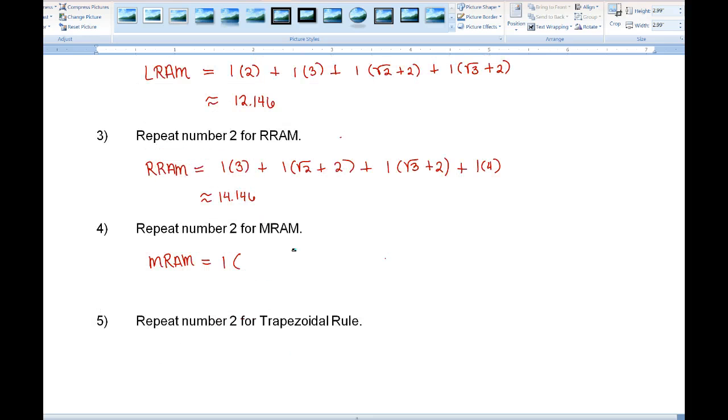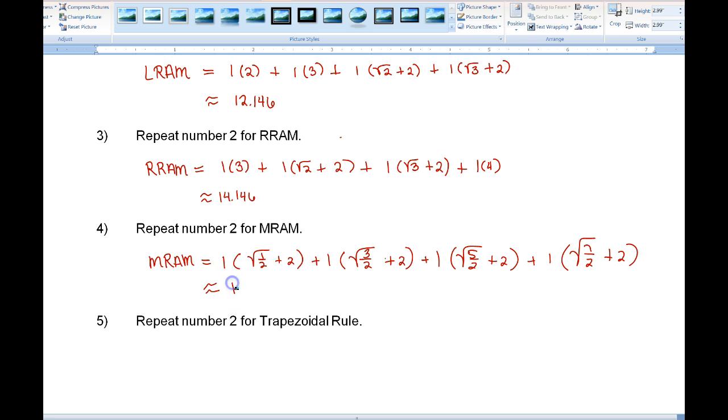Well, if I had to write it out, it's going to be square root of 1/2 plus 2, and then square root of 3/2 plus 2, square root of 5/2 plus 2, square root of 7/2 plus 2.